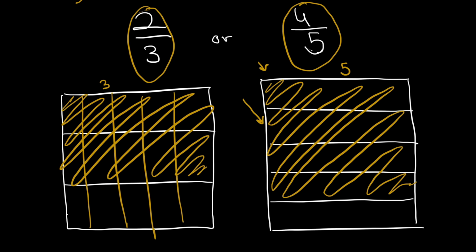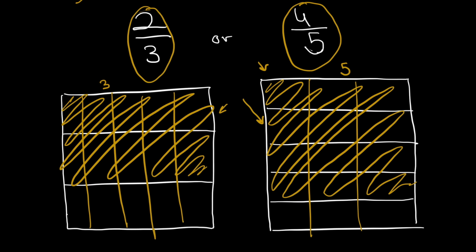And then we do the same thing to the second square. We take the first square's rows and make them columns in the second square. So there's also 15 pieces in here now because 3 times 5 and 5 times 3 are the same thing. Now, let's count how many pieces total were shaded.